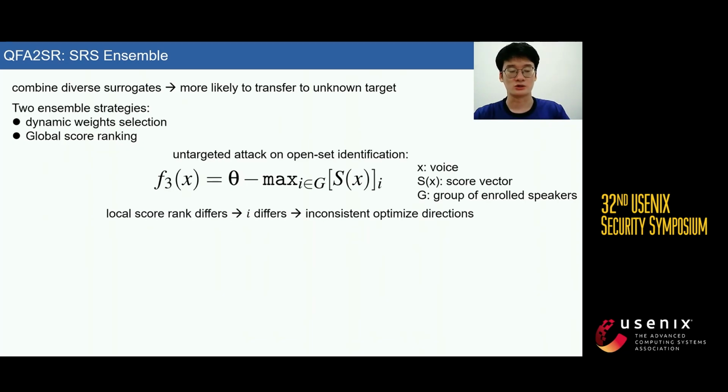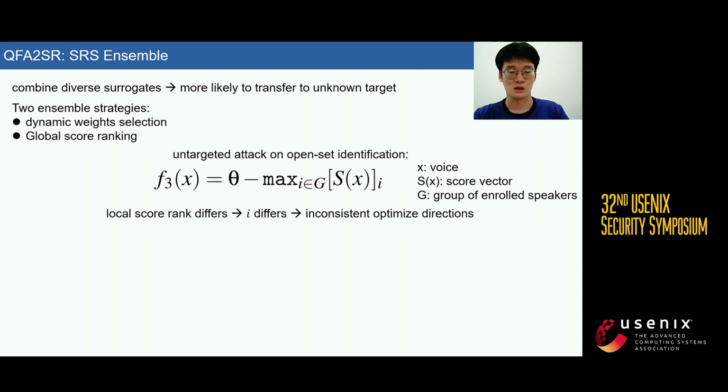The second strategy is global score ranking. To compute the loss function for the untargeted attack, we need index I. Since the local score rank may be different on different surrogate systems, the index I may differ with surrogate systems.